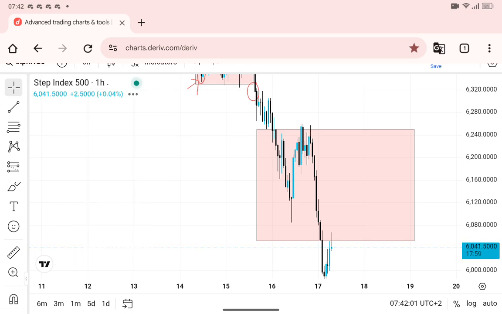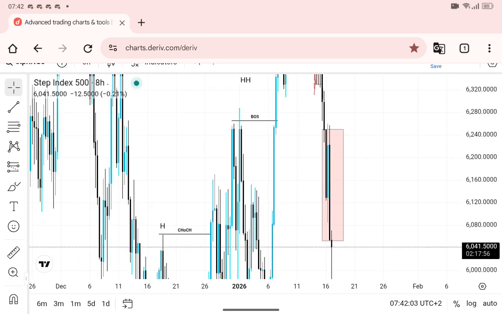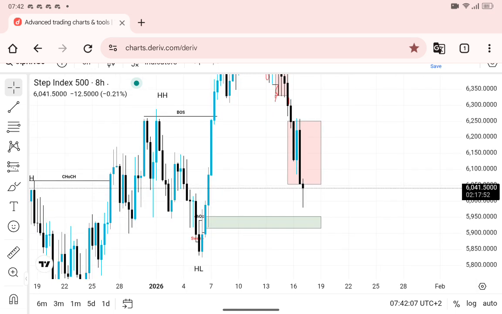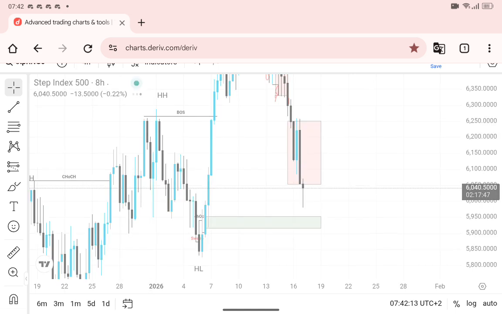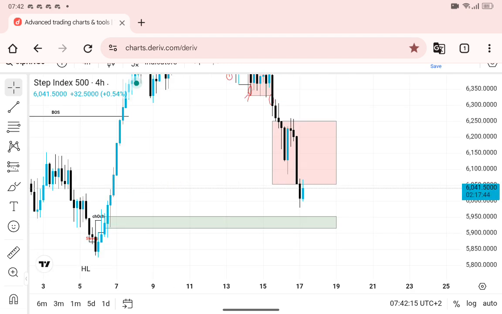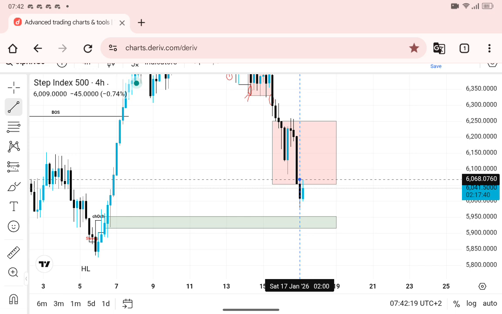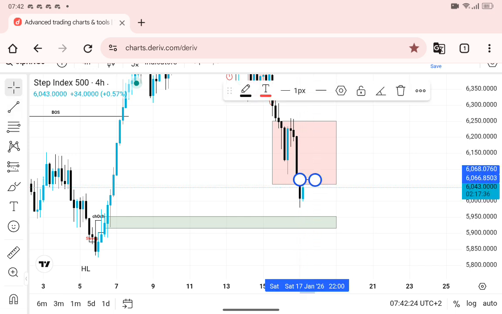Like I always say, when I analyze, I start on higher time frames, and you can see that on higher time frames they already tapped a bullish candlestick there. But like I was saying, if they don't close inside that red box, we are not going to buy immediately, right?